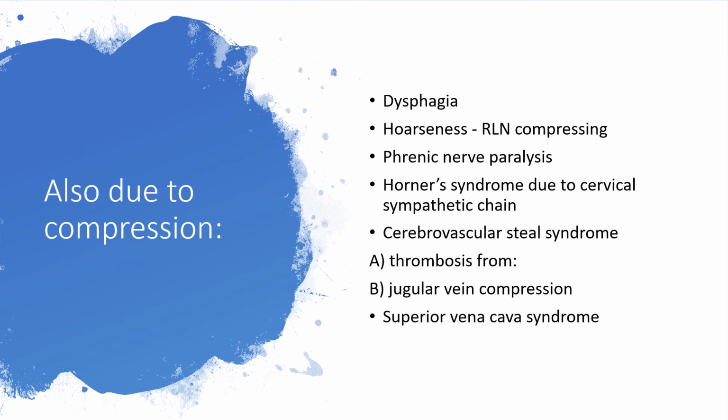Horner syndrome, that is going to be due to cervical sympathetic chain involvement with miosis, ptosis, and anhidrosis. That is Horner syndrome. Cerebrovascular syndrome is possible when thrombosis has occurred from jugular vein compression. And of course, we might be battling with superior vena cava syndrome.